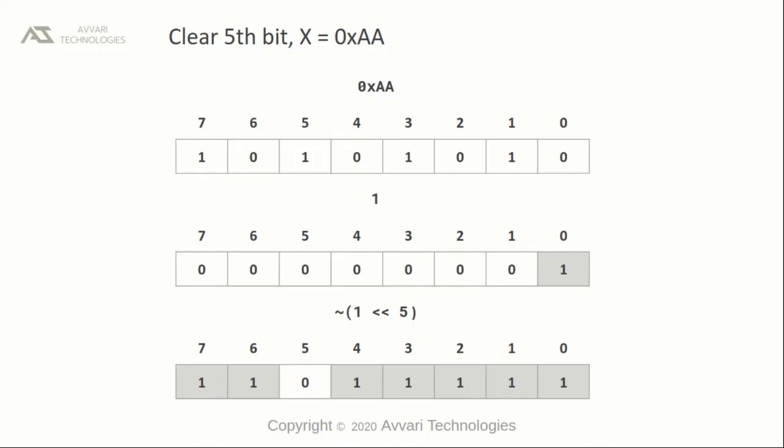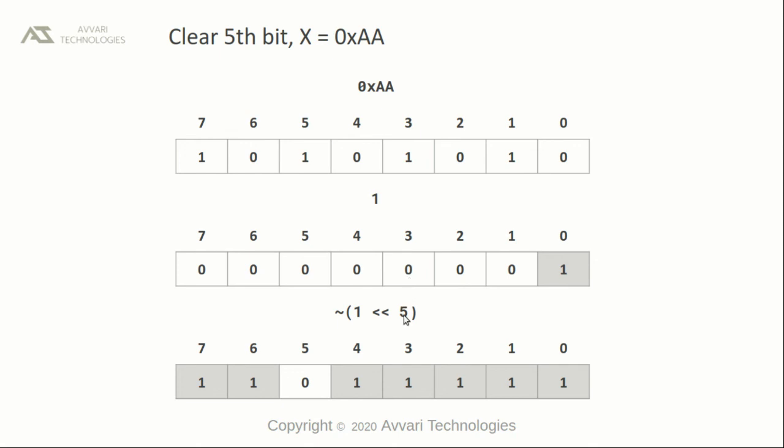This is the next problem statement. Here we need to clear a given bit in a register. The given value is 0xAA in hexadecimal. First we will take the given number as it is and keep it aside. Then we will left shift 1 to a given position.